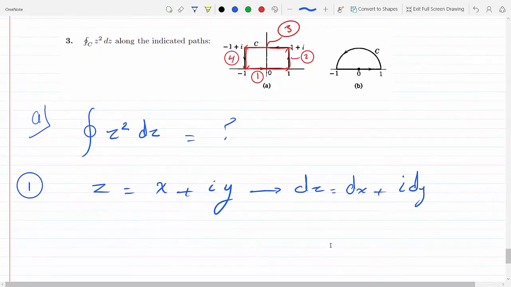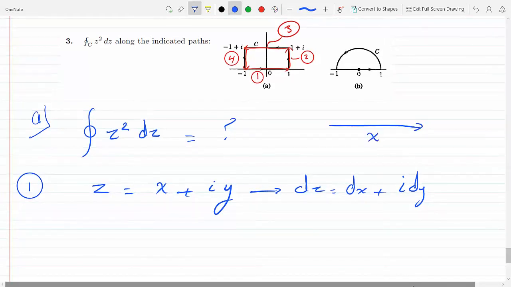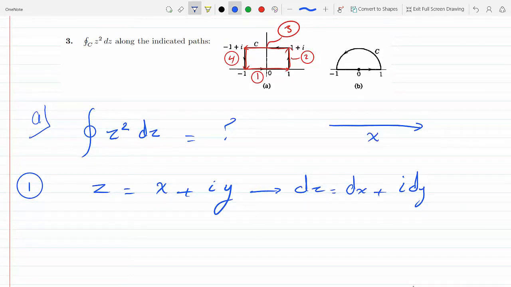Now on path number 1, what's dx? It's dx because x is changing. You're going horizontally. This is path number 1. It's along the x-axis. So x is changing. Therefore, this term is present.